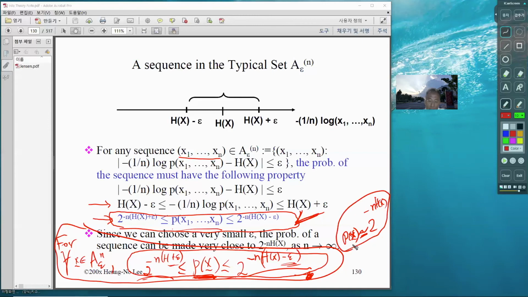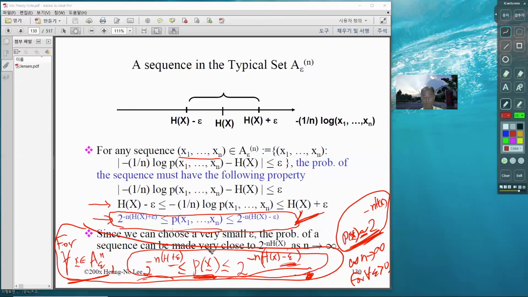So P of X in this set, as n goes to infinity, for any epsilon greater than 0, this occurs. Give away a little bit, and take in a little bit.